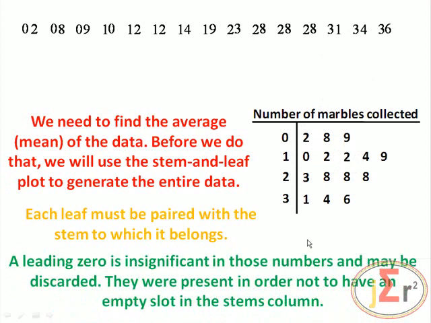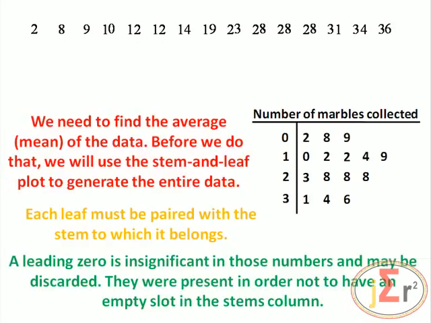A leading zero is insignificant in those numbers and may be discarded. They were present in order not to have an empty slot in the stems column. If we did not place a zero here, then the stems column would have an empty slot.